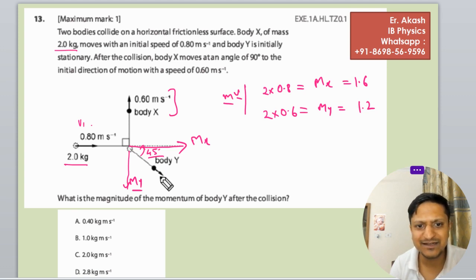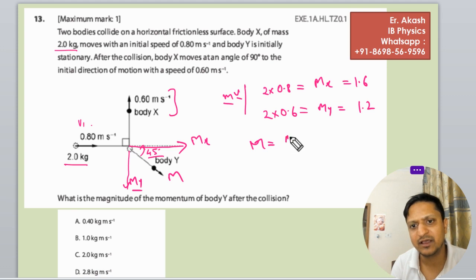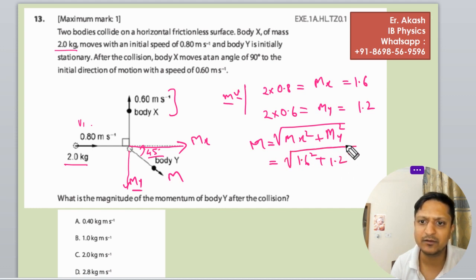So the resultant will be the square root of mx square plus my square. So it will be the root of 1.6 square plus 1.2 square.